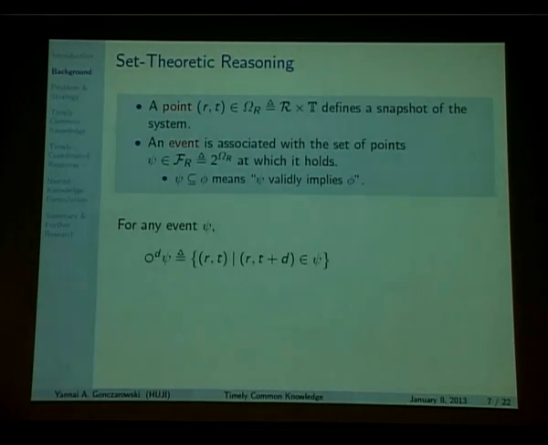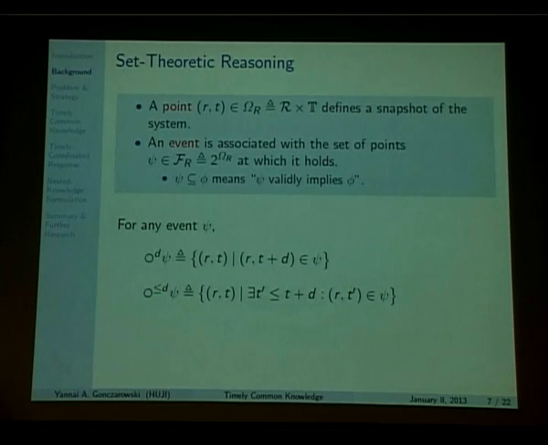we define a few operators. Circle d psi means all of the points at which psi will occur exactly d time units later. Circle d psi is the event that psi occurs in exactly d time units into the future.